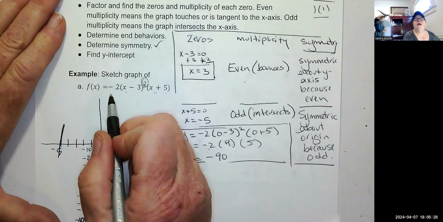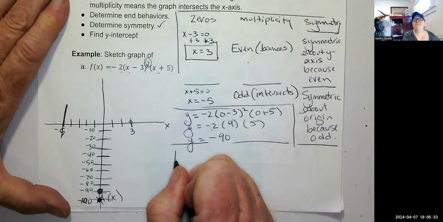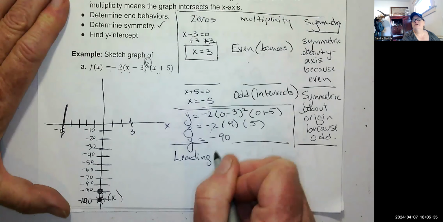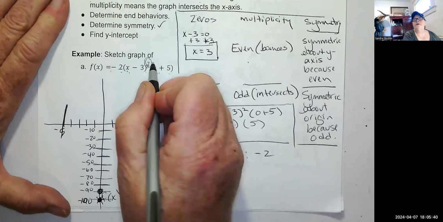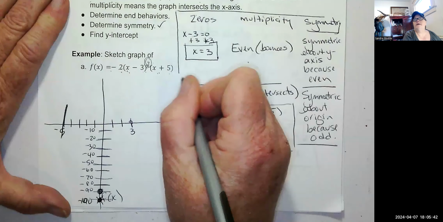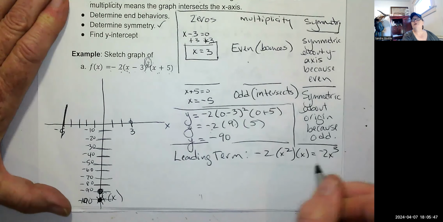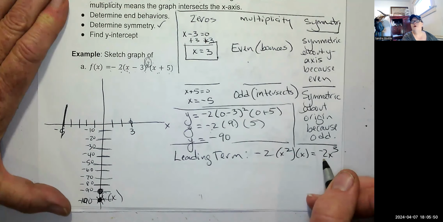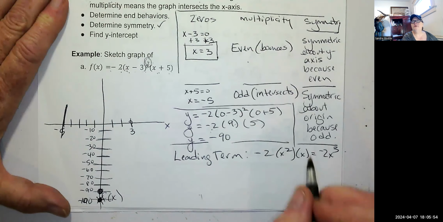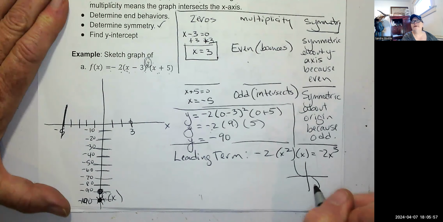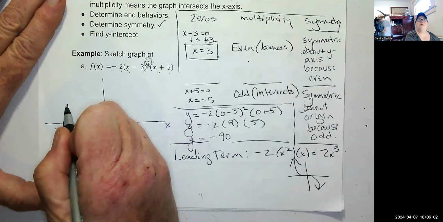So let's find our leading term. Negative 2, then x squared and x, which is negative 2x cubed. So we have a negative number with an odd exponent. What does this look like? Looks like this. That tells me this end is going to go up.